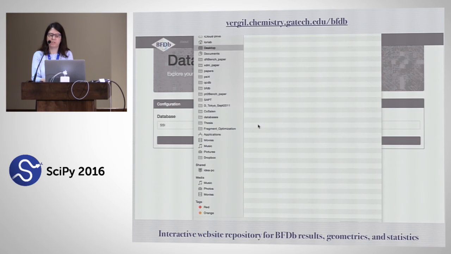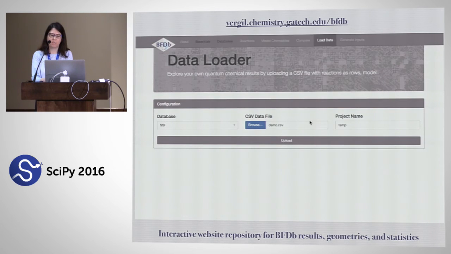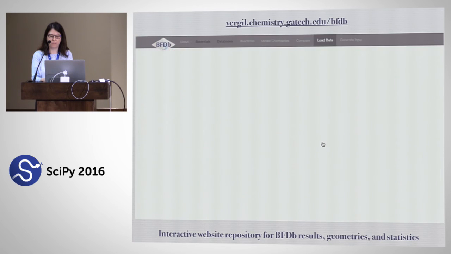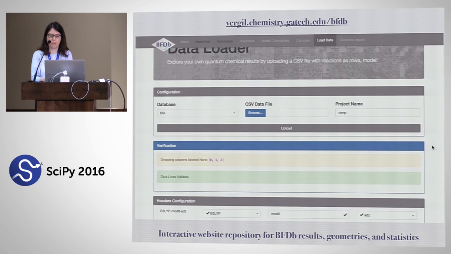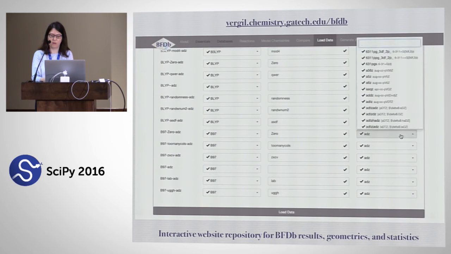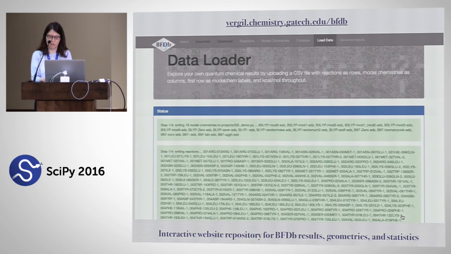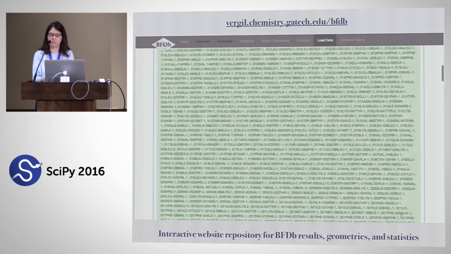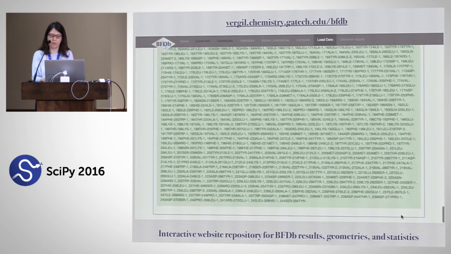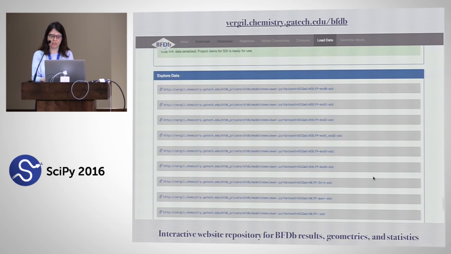Or if, on the other hand, you have some quantum chemical data and you want to make use of QCDB's visualization facilities, you can upload it as a CSV file, give us some information about how your data was run, wait for it to convert into its own internal format, and then it's going to provide you a series of links.